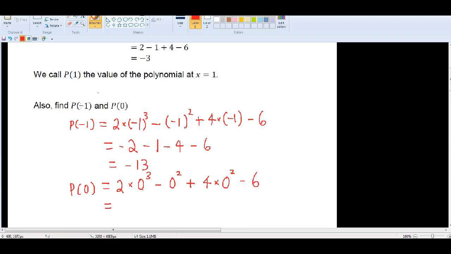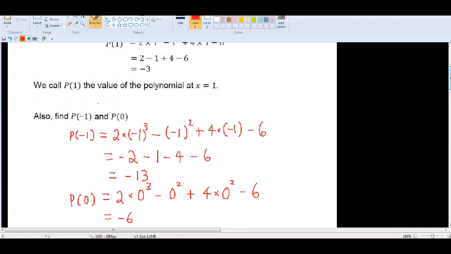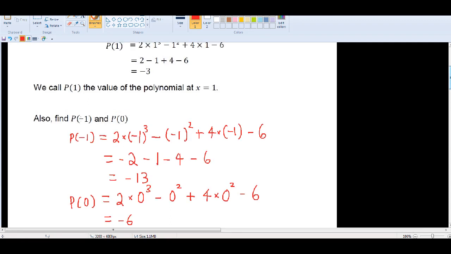Since the number is 0, all the first three terms are 0, and the answer would be just minus 6. That's what we call values of a polynomial. All you need to do is substitute the number into x and get the value.